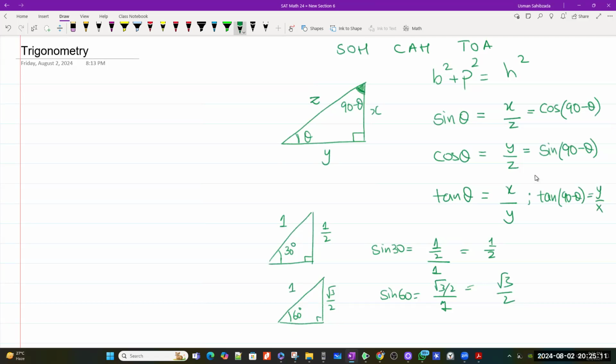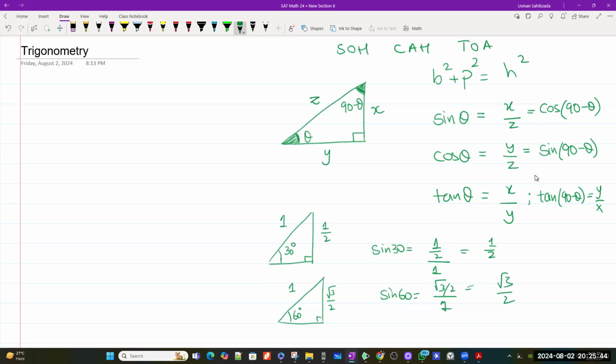Because when you were taking theta as the main angle, the angle whose tan you wanted to find, the perpendicular was X and the base was Y. When you switched the angles, the sides also switched. So instead of having X over Y, you have Y over X. So what's the relationship between the two? They're flipped, so it's one over the other.